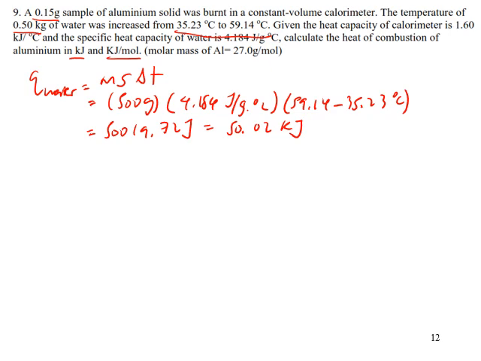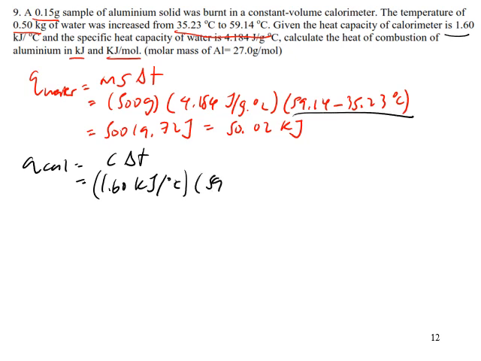Next, move on. I'm going to calculate the Q cal. So we're using C delta T. The heat capacity of the calorimeter is given as 1.60. As you can see, they tend to give us in kilojoule per degree Celsius. The delta T will be similar to this delta T, 59.14 minus 35.23 degrees Celsius.